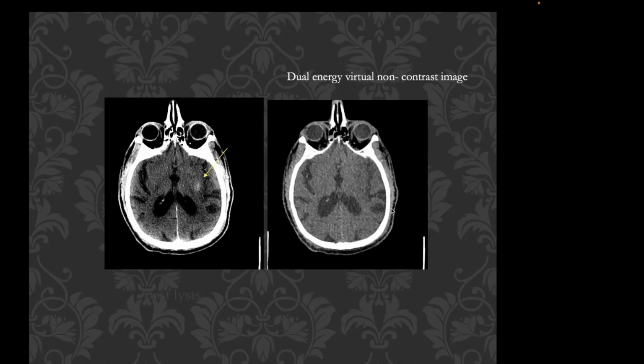Some of the scanners allow you to reconstruct the images and process the dual energy to create this image that looks like there's no contrast. This is the same data set as this one, only we've incorporated the low and high energy images into a virtual non-contrast. This area here, where we could say this could be hemorrhage or contrast staining, goes away, and that favors that this is contrast staining and not hemorrhage.